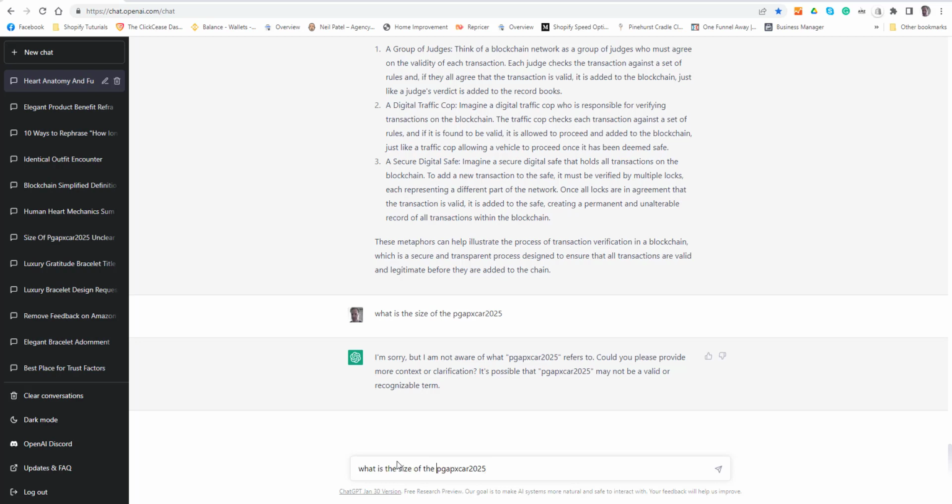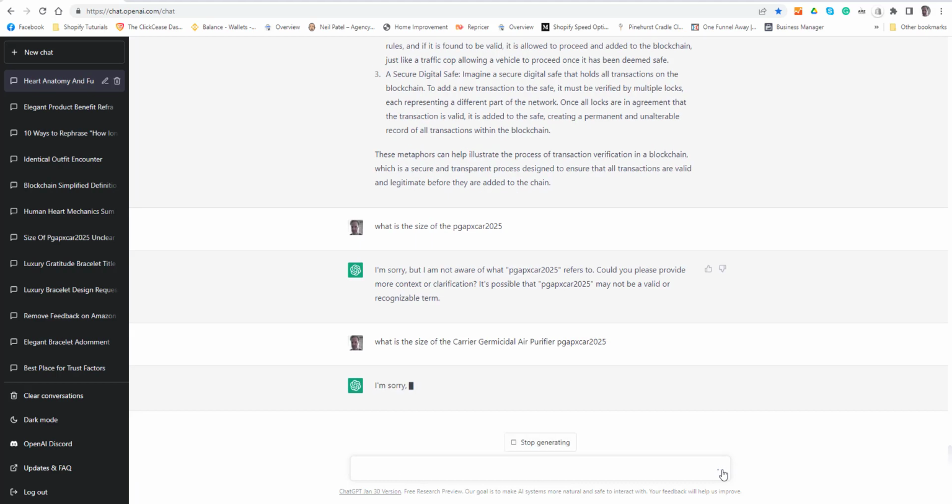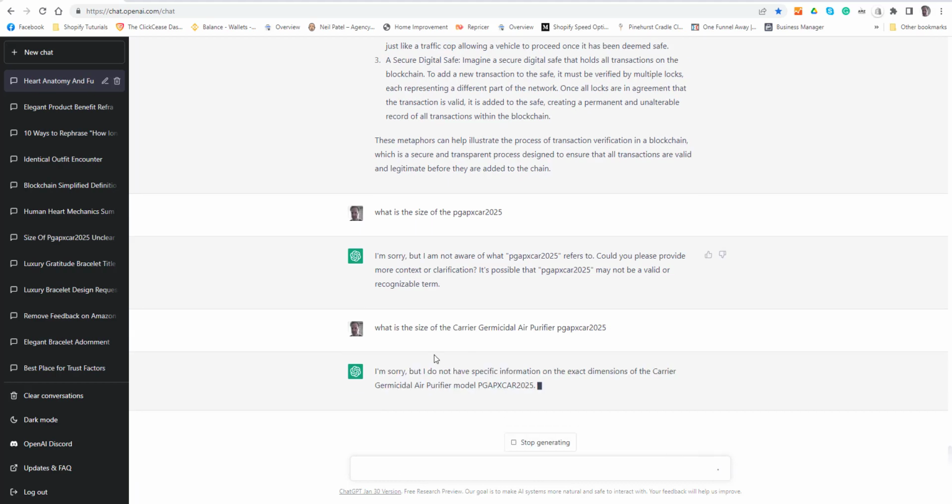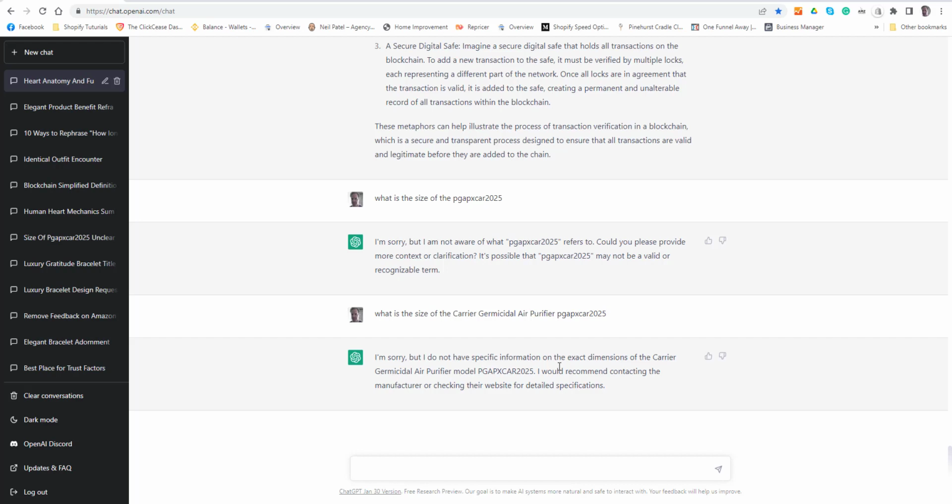What is the size of the carrier? So now we're going to give a more specific. We're giving the brand. We're giving what it is, an air purifier, and we're going to ask that question more specifically. And let's see if we can find the answer. Doesn't have that specific information. I'd recommend contacting the manufacturer or their website.